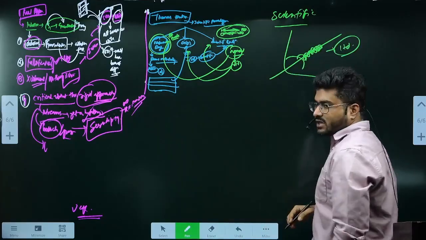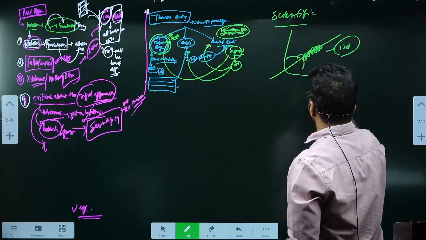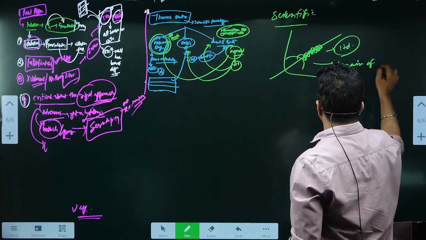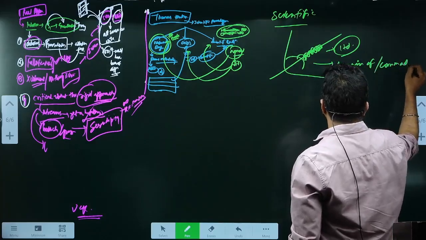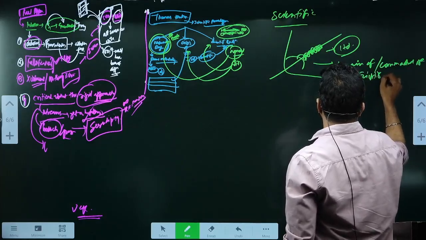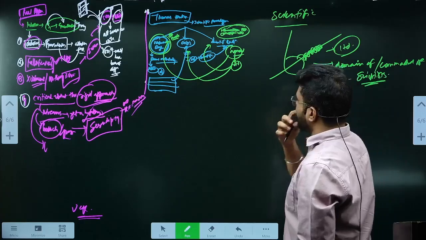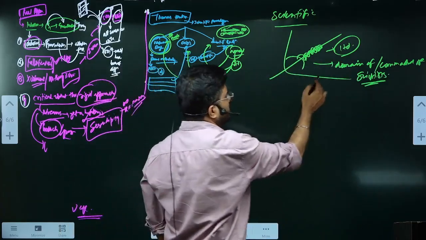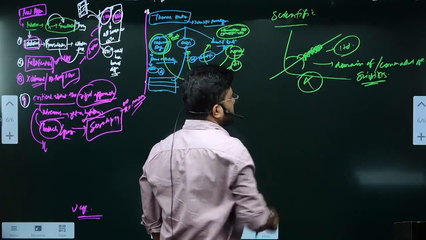This scientific progress is limited according to the domain or command of scientists. Okay, so it is not being progressive for the society, hence this scientific progression is not right.